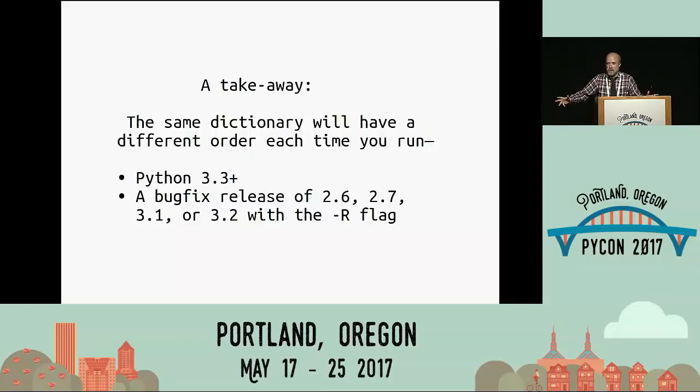For exactly the same program and exactly the same input, suddenly the dictionary order goes random, apparently, in 3.3 and subsequent. Because this was a security issue, they made bug fix releases of 2.6.7, 3.1, and 3.2. But remember, because they couldn't break existing tests in code, you only get that protection against DOS attacks with the -R flag. I believe there's also an environment variable that will turn on the randomness.